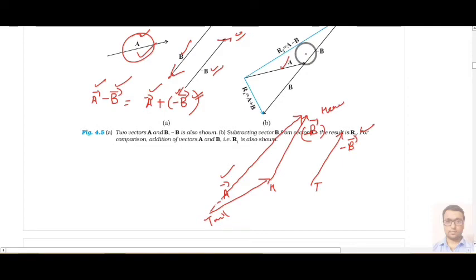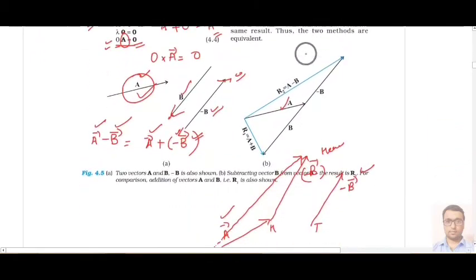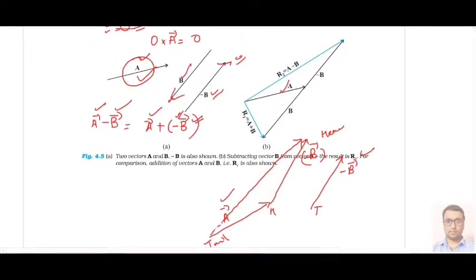Here you can see in the diagram, this was your first vector A and this was your second vector minus B, and this blue line represents their resultant, that is A minus B.